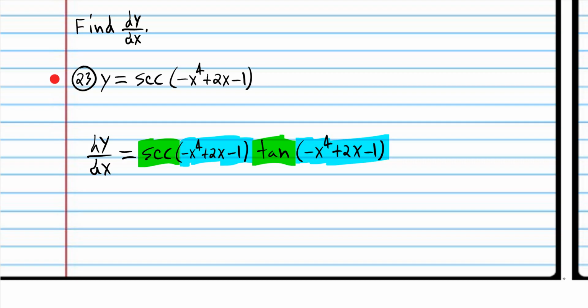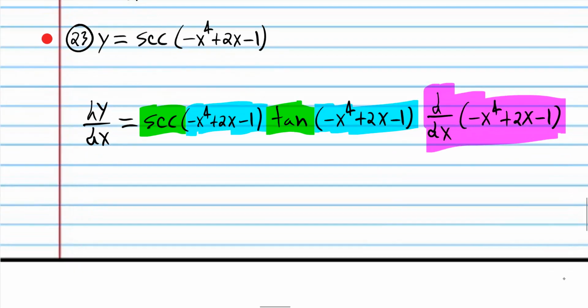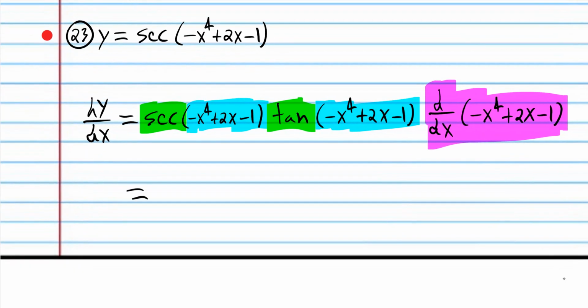So that's step number 1, and then step number 2 is to multiply by the derivative of the inside function. So yes, that is kind of a weird problem.